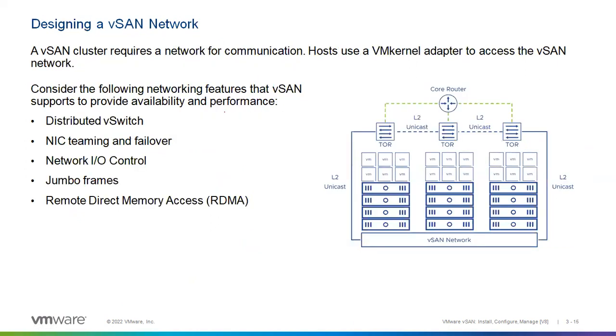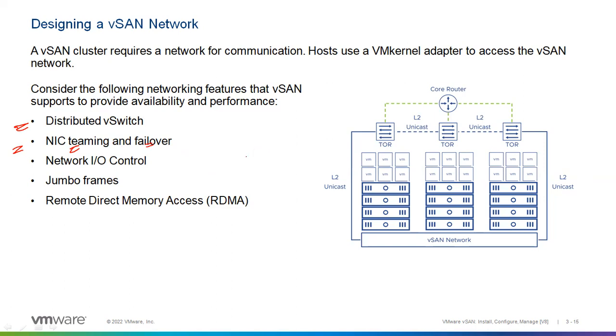Then designing the vSAN network. What kind of switch we are using, what NIC teaming and so on. A distributed vSwitch is not mandatory, you can go with the standard switch also, but nowadays you will see distributed switches very much in trend. Then NIC teaming and failure policy.